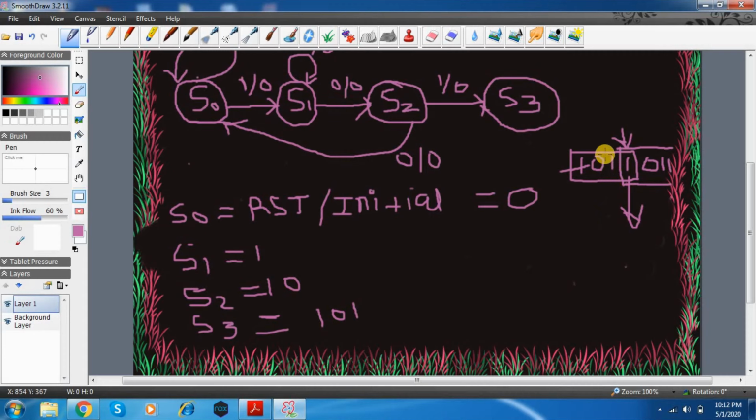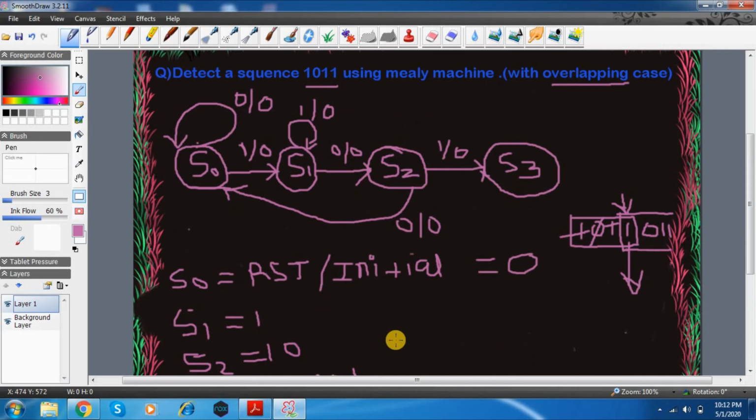No one. Cut it from the back. Is there anyone holding 0 1 1? No one. Cut it from the back. Is there anyone holding 1 1? No one is holding 1 1. This is holding 0, this is 1, this is 1 0 1 0. So cut it from the back. Only 1 is remaining. So who is holding 1? This S1.